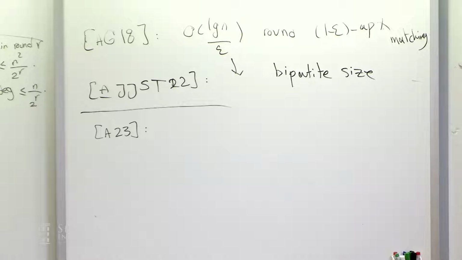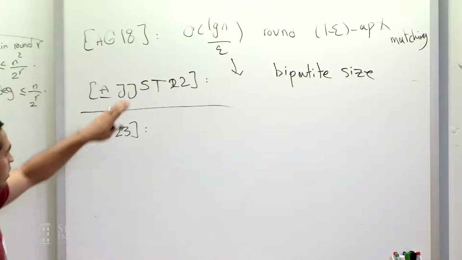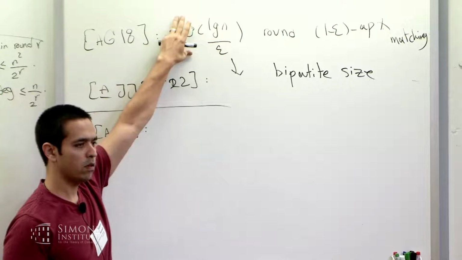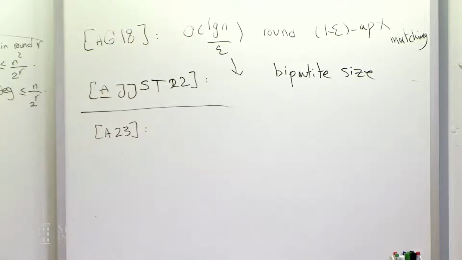So the AG18 work only showed it for bipartite graphs? No, this also works in the general setting. Okay, so the result that you're going to present is like the same, but a simpler algorithm. Yeah, in terms of the result, it is just simpler. It doesn't give you new bounds. Okay, thanks. In streaming, it does something, but in sketching, it doesn't give you anything.